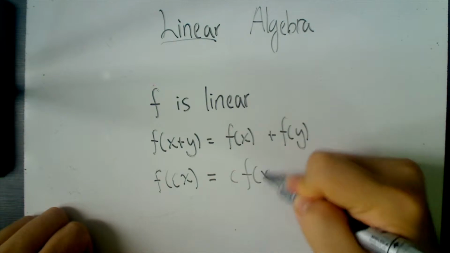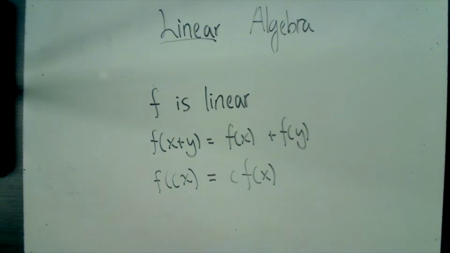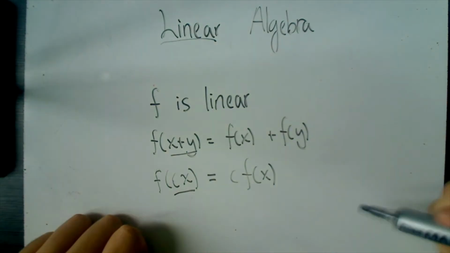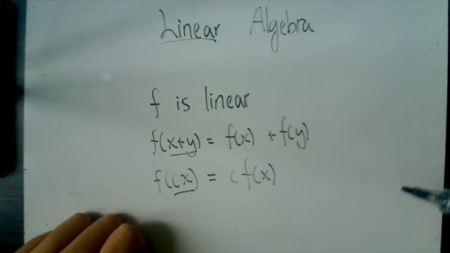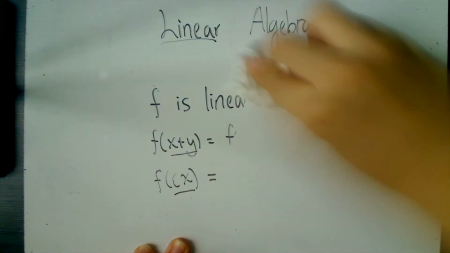You get f of c times x equals c times f of x. So just by looking at the word linear, we can see why we want to define vector addition and scalar multiplication on our vector spaces, because you need those two operations to even define linearity in the first place.